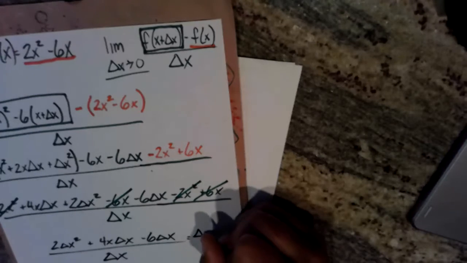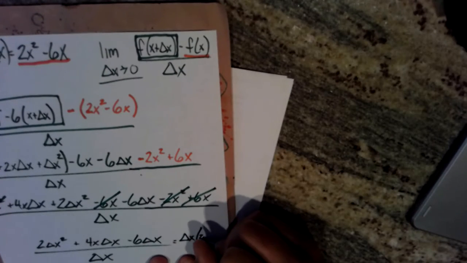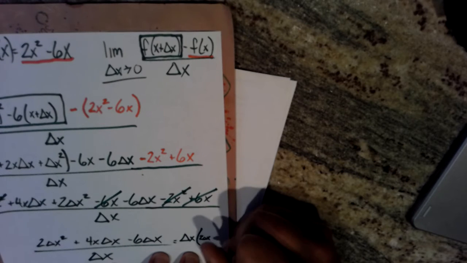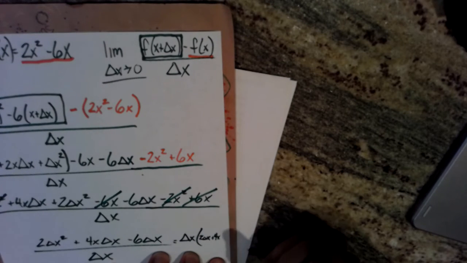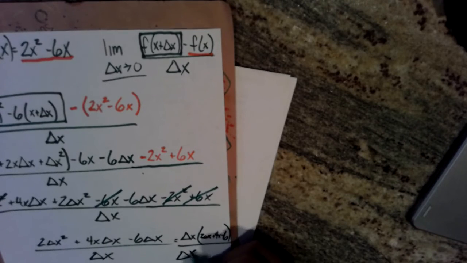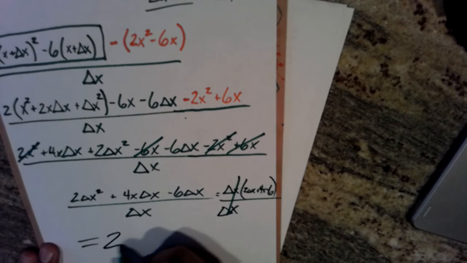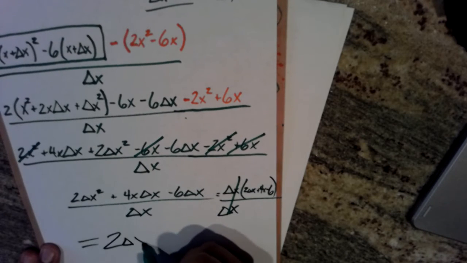Notice that at the top, they all have a delta x, so just factor that out. It's delta x times 2 delta x plus 4x minus 6 over delta x. Those cancel.